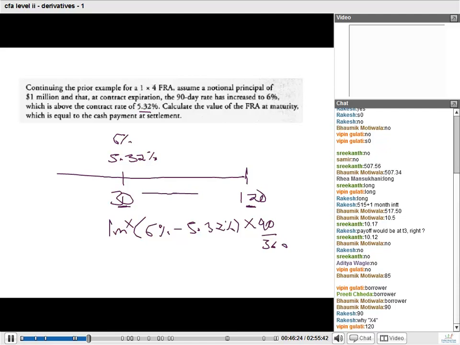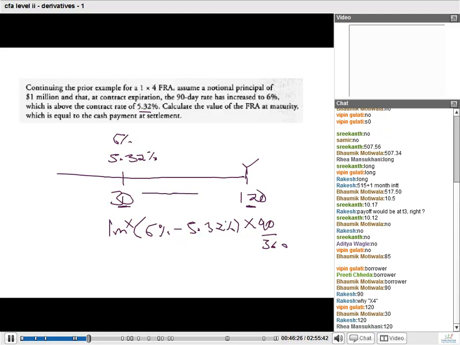You need to pay the interest at the end of the period. So the savings will accrue at t equal to 120. The value of the FRA has to be calculated at t equal to 30. So I will discount back these cash flows at the current rate of interest, which is 6%. I want to calculate the value at t equal to 30.